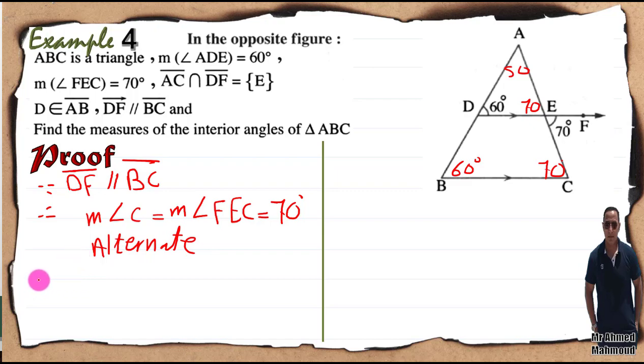Okay, and therefore measure of angle B equal to measure of angle ADE equal 60 degrees, corresponding.